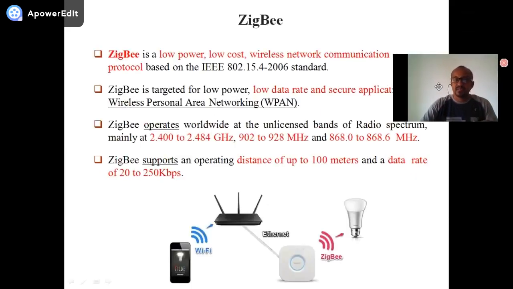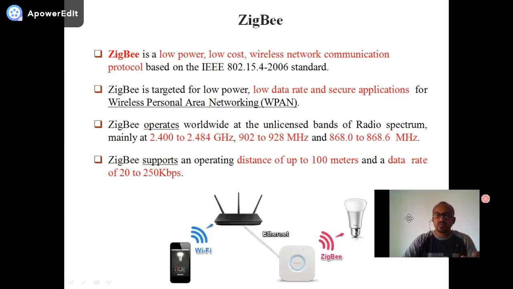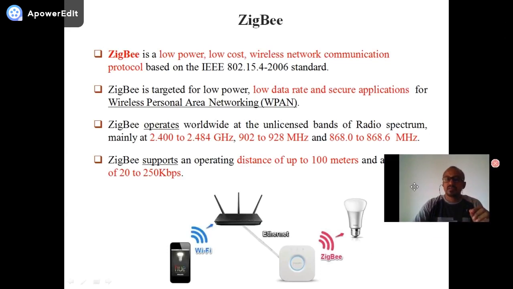ZigBee. ZigBee is a low power, low cost wireless communication protocol based on the IEEE 802.15.4 2006 standard. It is widely used in WPAN, wireless personal area networking, and this technology targets low power, low data rate and secured applications.